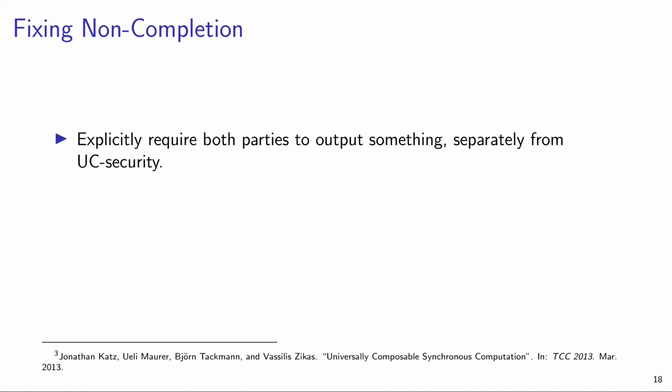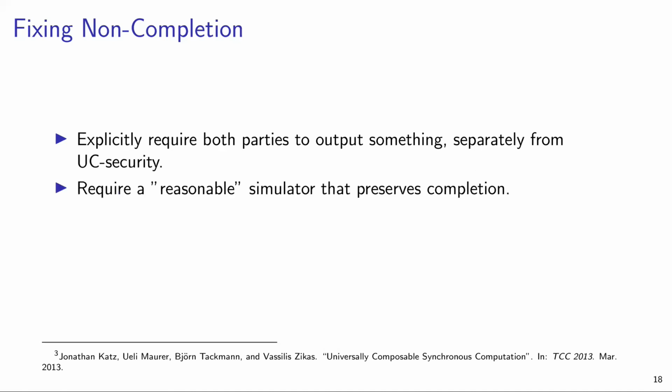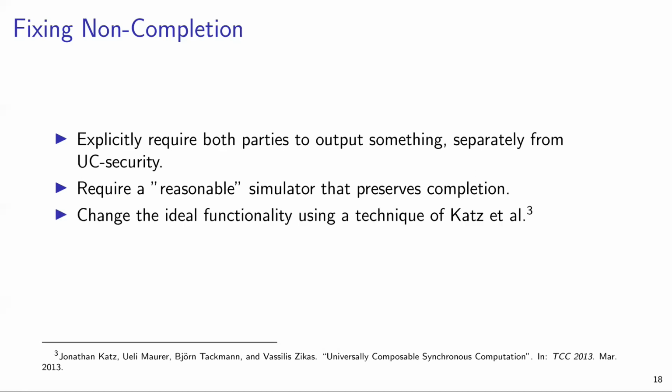So if we require correctness as a separate property, we might as well require the protocol to complete as a separate property. For reasonable simulators, we can require the simulator to eventually send the new key messages if the adversary eventually delivers all of its messages, as in the real world, where the adversary eventually delivers messages.